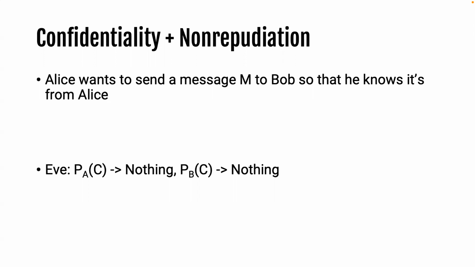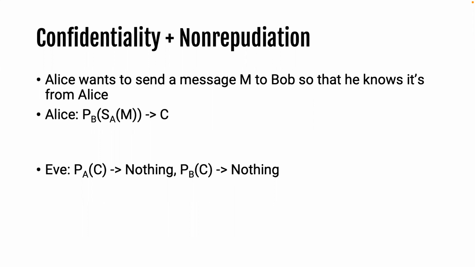Okay. All right. So then in this case, what we could do is that Alice is going to use the two pairs of public key and private key all together. So remember that when Alice and Bob communicate, we will have two pairs of keys.